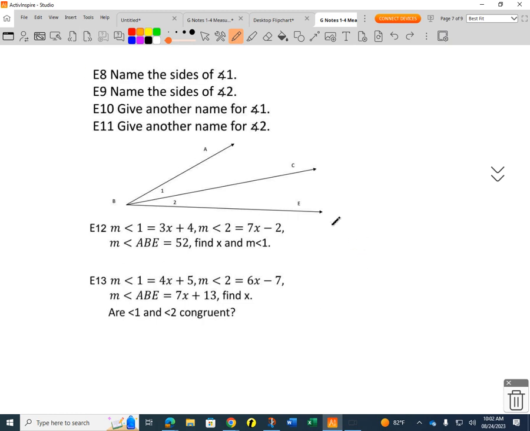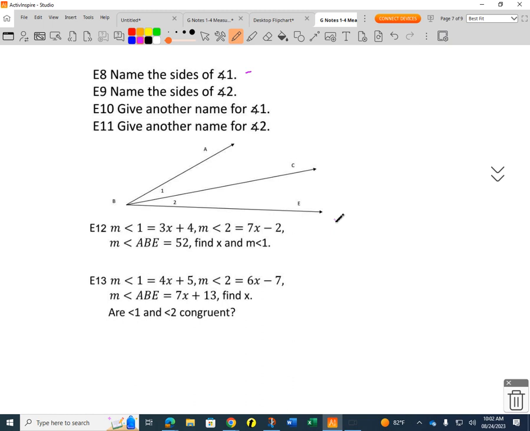All right, so who can give me the name of the sides of angle 1? Jesse, can you give me the sides of angle 1? What kind of figure are the sides of an angle, Jesse?